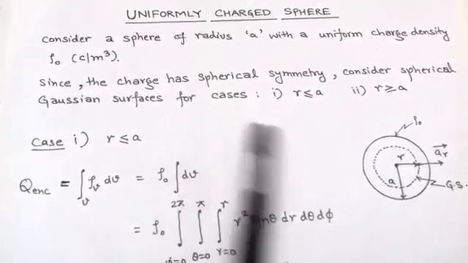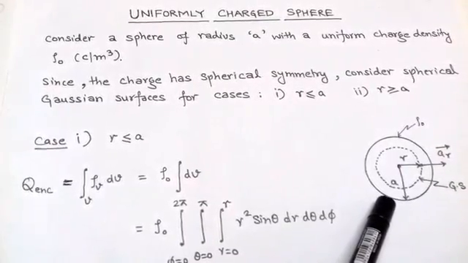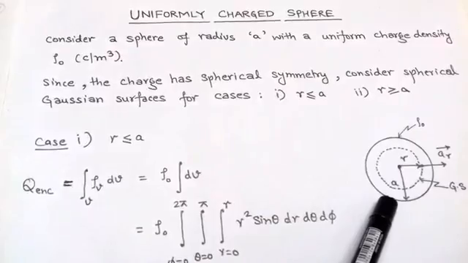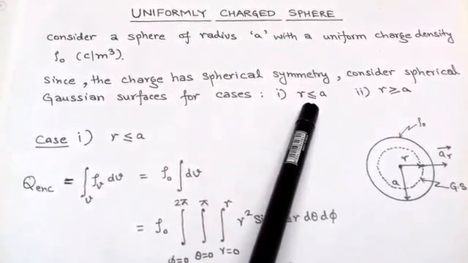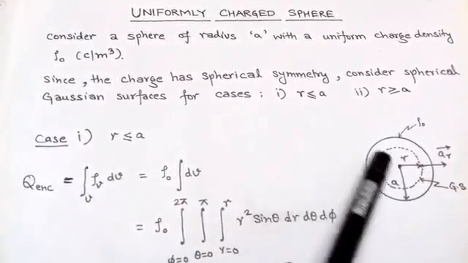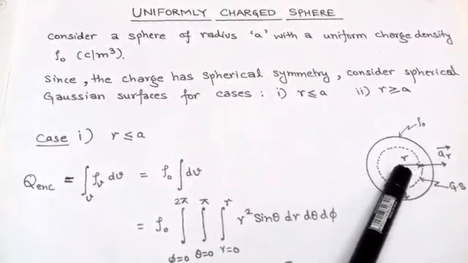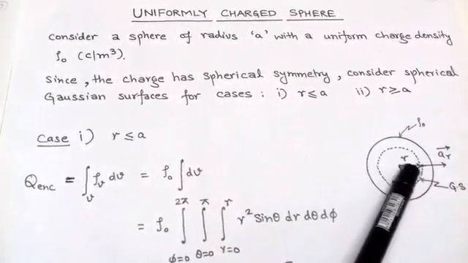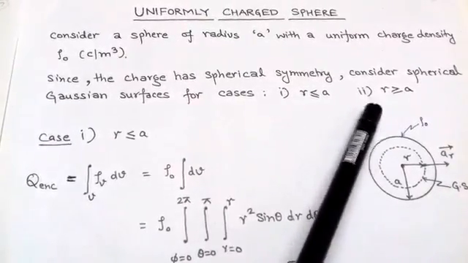Now, this is a spherical symmetry. The charge has a spherical symmetry. So we apply Gauss's law for two cases. First, we consider a point P inside this sphere, that is r less than or equal to a, and second case, r is greater than or equal to a.